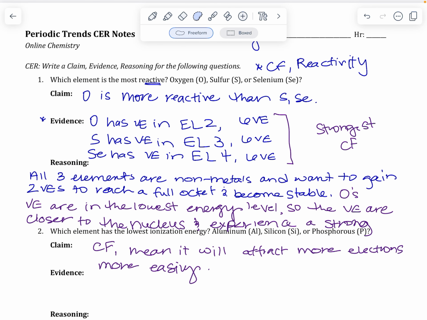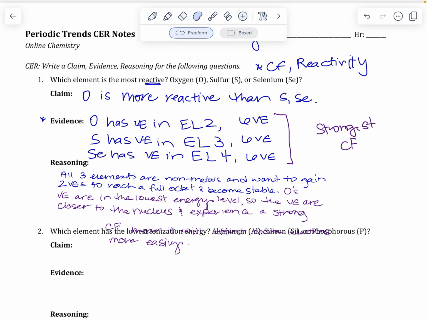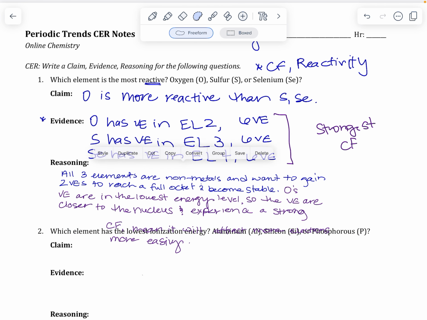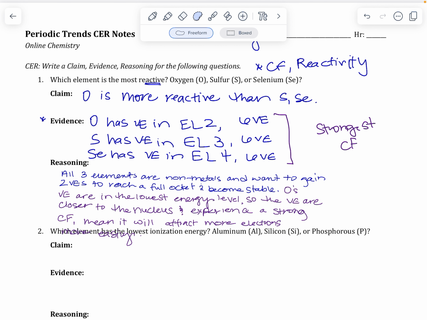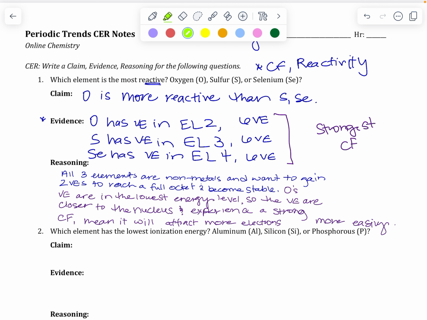In our reasonings, we want to use comparing words. We have all of our evidence already, the specific things listed. And so I'm going to use comparing words in my reasoning. I didn't actually have to say 2 electrons here. I can just say they all want to gain, but then a comparing word: lowest, closer, stronger.